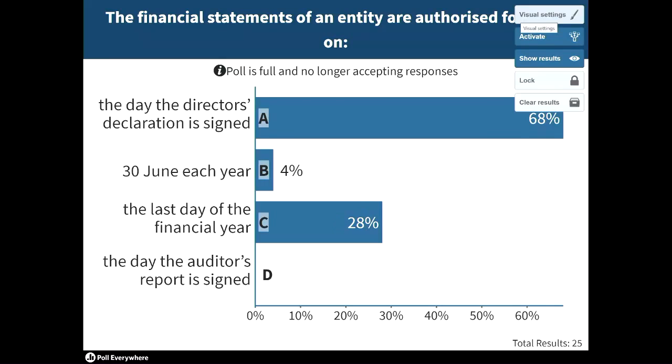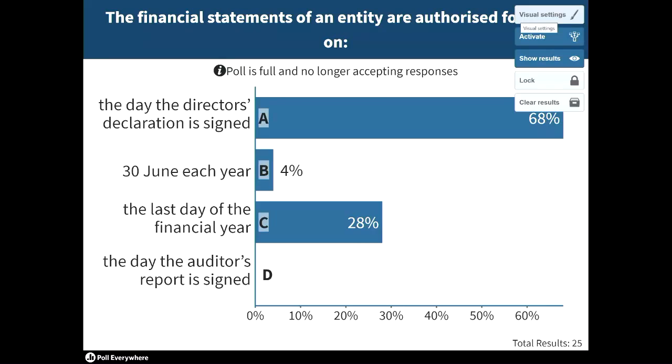Yes, I repeatedly told you, on the day the director's declaration is signed, the reports are ready to be issued, right? That's not the last day, that's not the end of the period. At that day, we identify the financial position of the firm, how well the firm has performed.